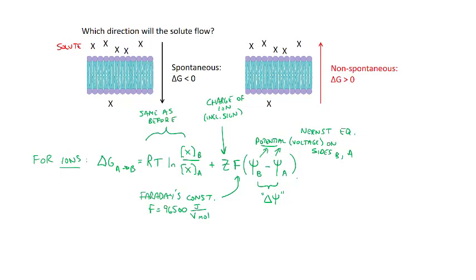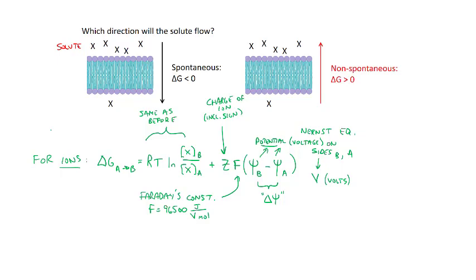So the potential difference, the voltages on side A or side B, is usually measured in volts. And so if you plug in volts for your delta psi, joules per volt per mole for Faraday's constant, and the charge on your ion has no unit, you end up with an answer that's in joules per mole, which is standard units.